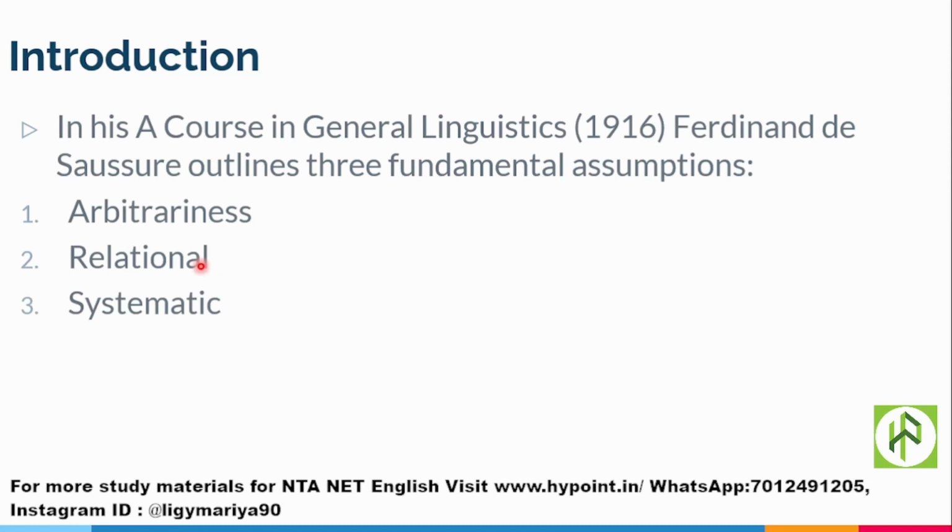The next fundamental assumption is that meaning is relational. Take the example of cat. What is a cat? A cat is not a dog, not a hat, not a mat, not a bat, but it is something else, an animal. So if you want to know the meaning of something, you have to know the relations.